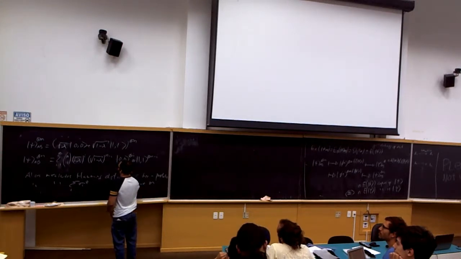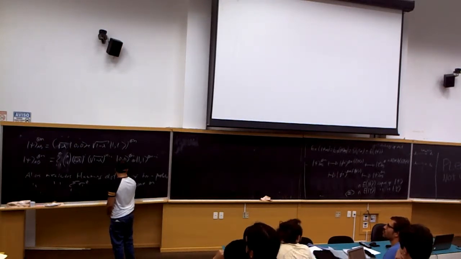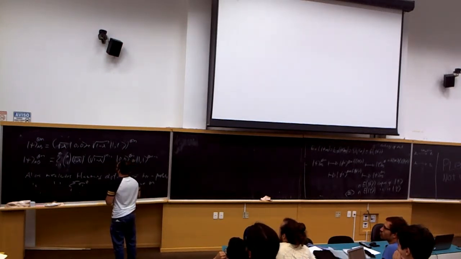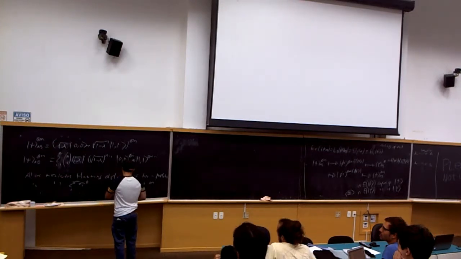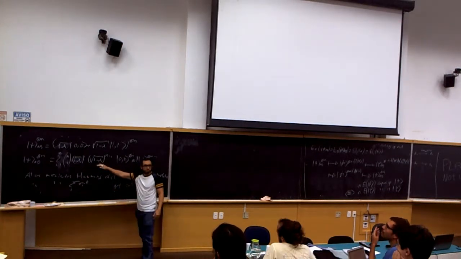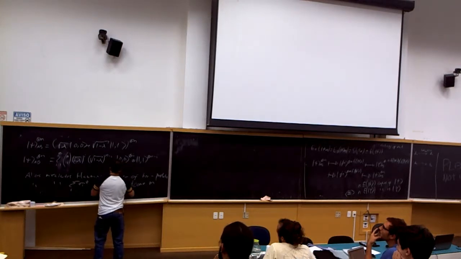I want to symmetrize them. Yeah, you're right. Because they all appear with the same weights. That's the point, right? But let me see how to write this in the right way.